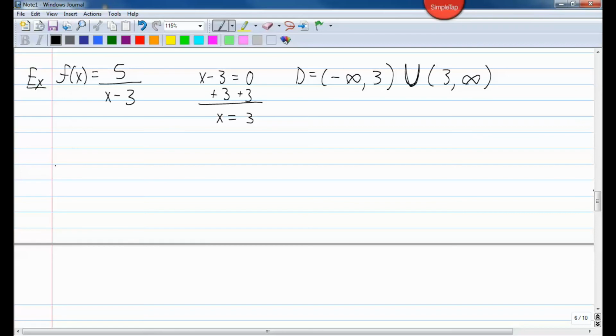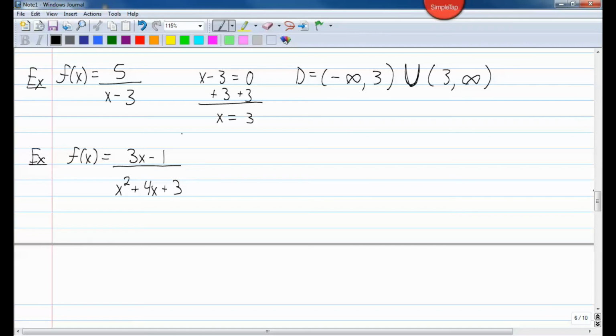So let's say that we have f of x equals 3x minus 1 over x squared plus 4x plus 3. Now, it does not matter whether the numerator is equal to 0. This can be 0, that's okay. Because if the numerator is 0, then the whole thing is 0.